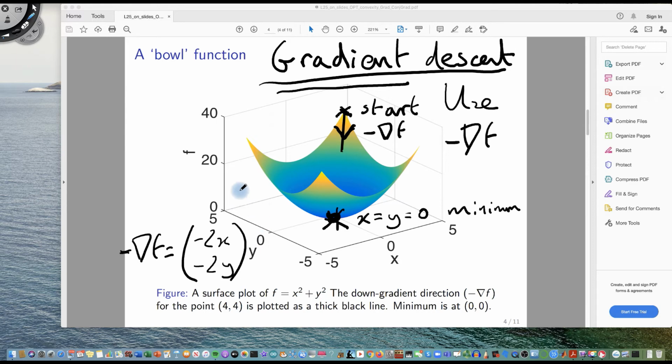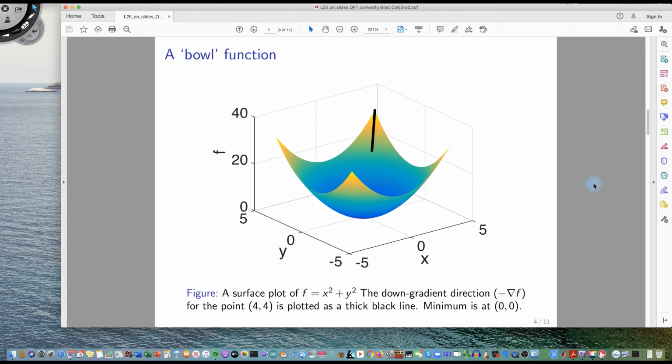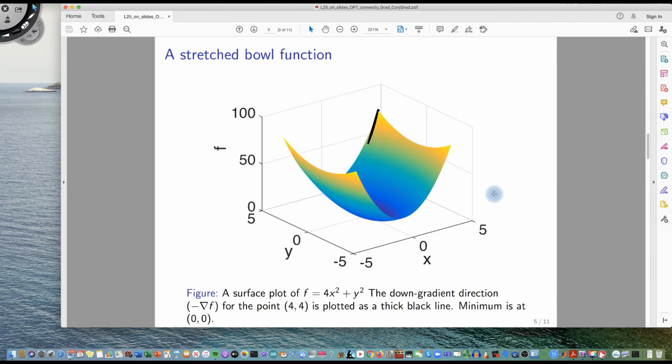So that's probably the simplest example, a bowl function. That's something that's in the lecture notes, just taken straight from the lecture notes. And here's another example, a less symmetric example. Again the minimum is still at 0,0, but the function is elliptical now.